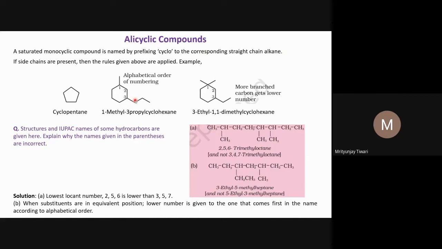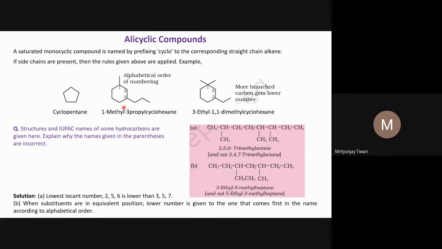So when the open chain hydrocarbons get connected at their two ends, one can call such compounds alicyclic compounds. So we'll see how a saturated monocyclic compound is named, only the monocyclic compound, not a fused carbon chain or fused rings. Fused rings are two rings connected with each other, or even two rings separated by some carbon atom.